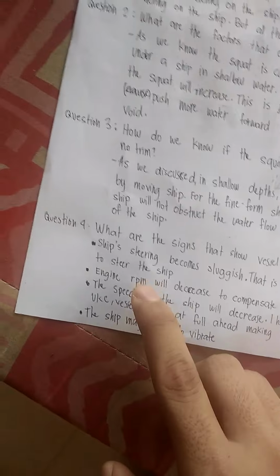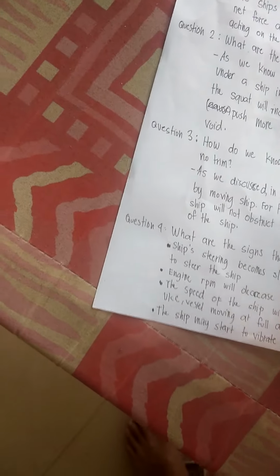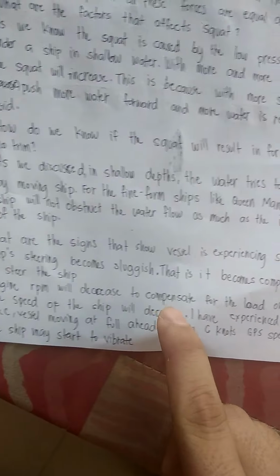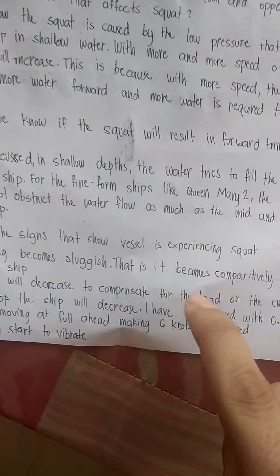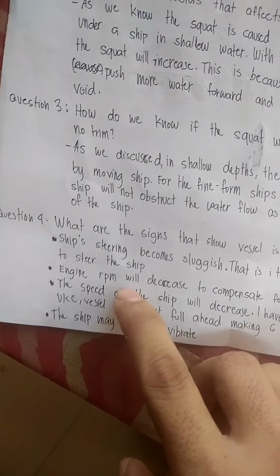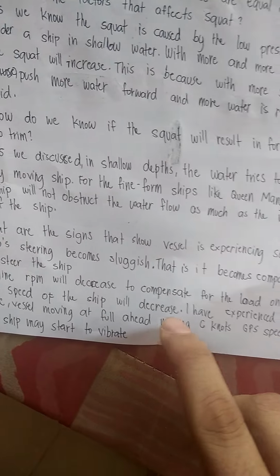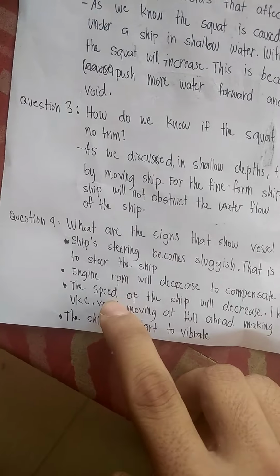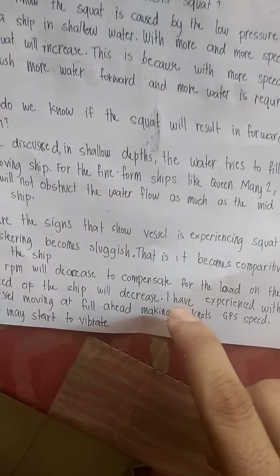First, the signs are, we have 2, 4, 7 signs. Ship steering becomes sluggish. It becomes comparatively difficult to steer the ship. Engine RPM will decrease to compensate for the load on the engine. The speed of the ship will decrease.